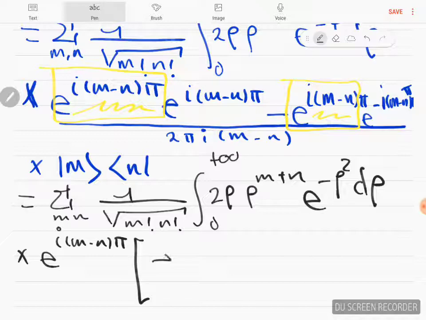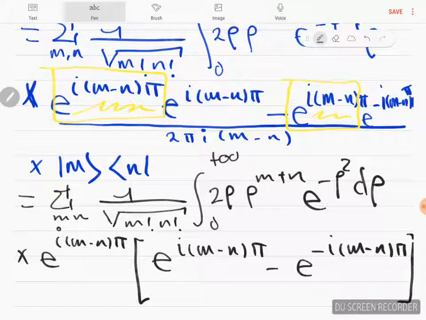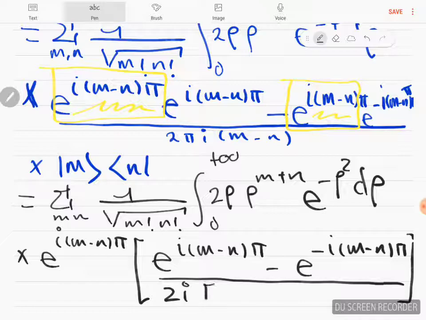That means that this is e to the i(m minus n)pi minus e to the minus i(m minus n)pi, all of this divided by, first 2i here, and then in brackets I will write down this other term, which is pi and m minus n. So then this is (m minus n)pi.